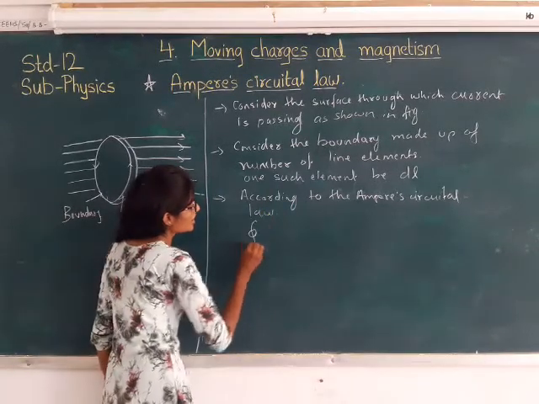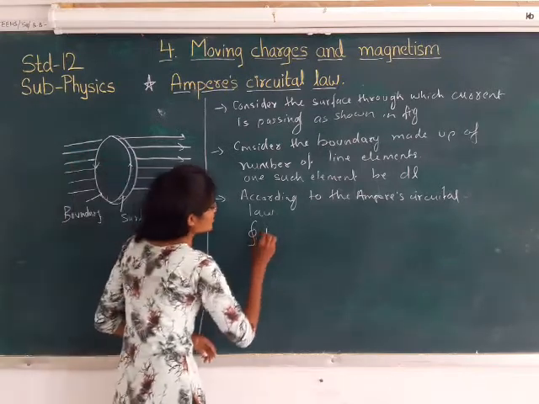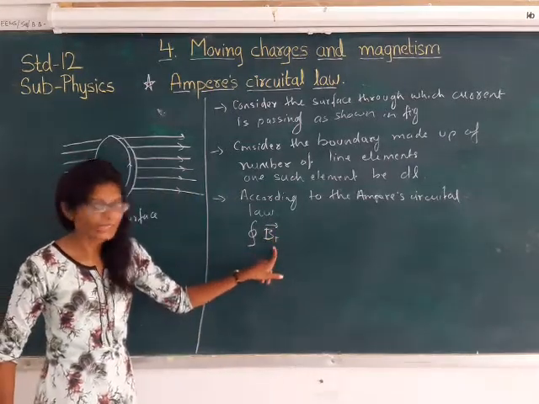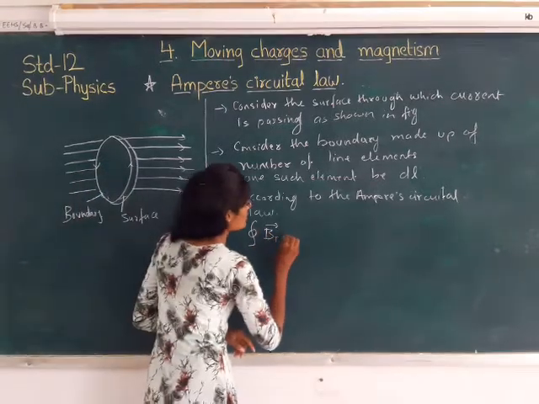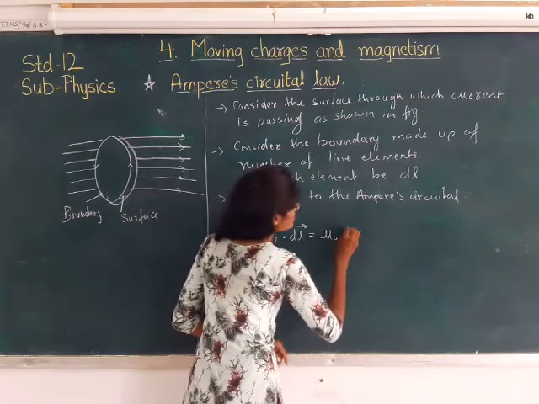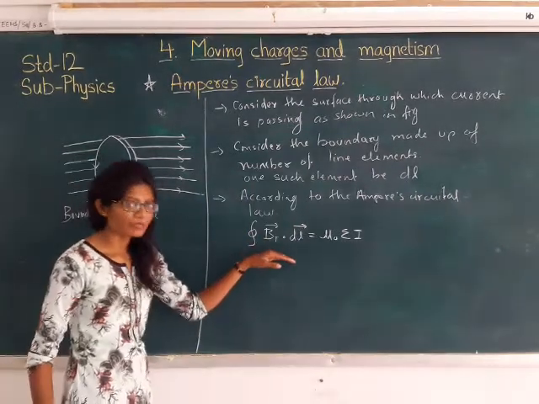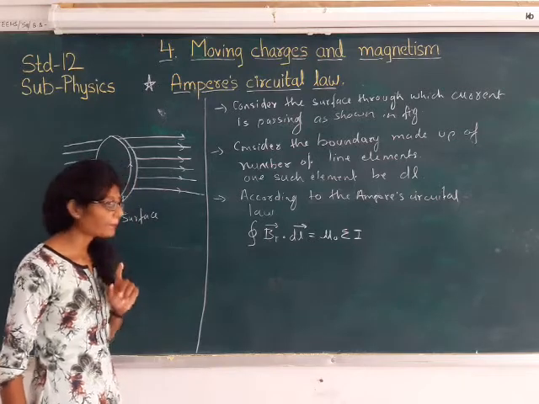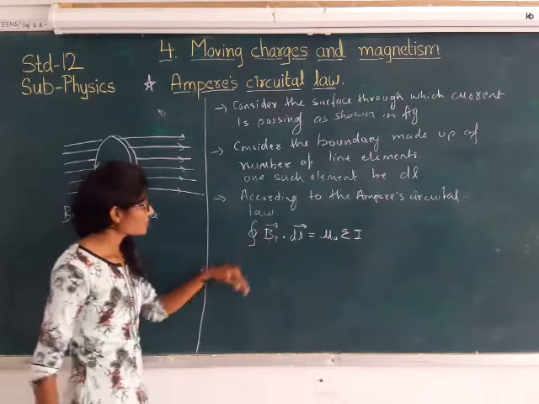we can write the closed line integration of B vector, and we are going to take the tangential component of the magnetic field, dot dl vector equals to mu 0 summation I. Right? We are applying the Ampere's circuital law. Why are we going to take the tangential component and not the normal component?